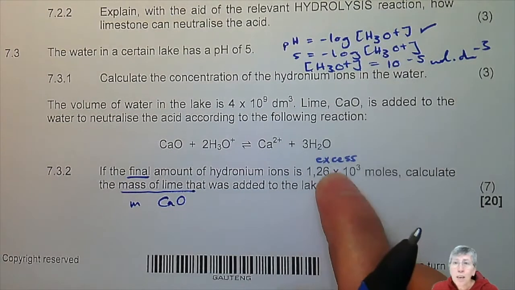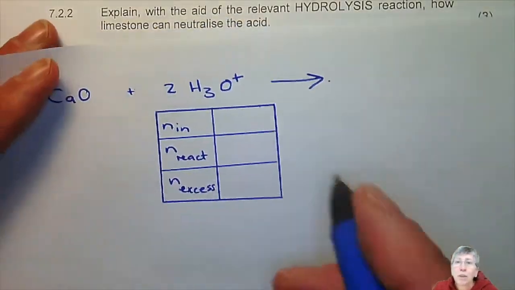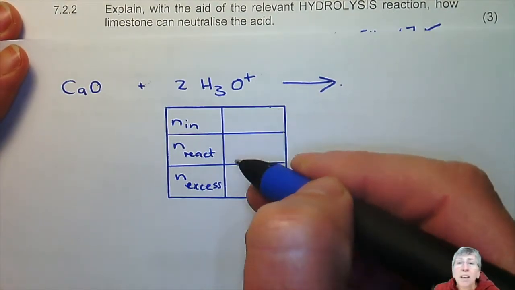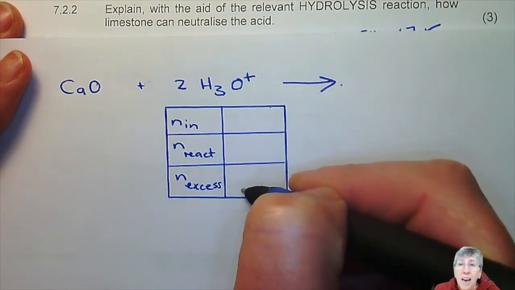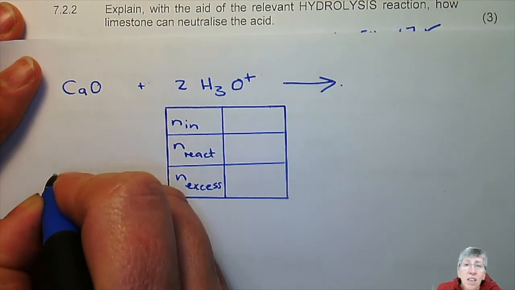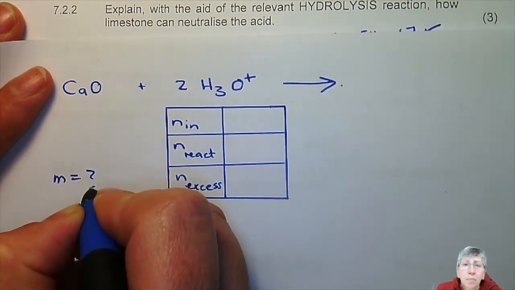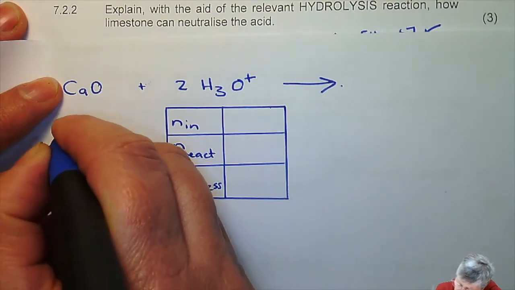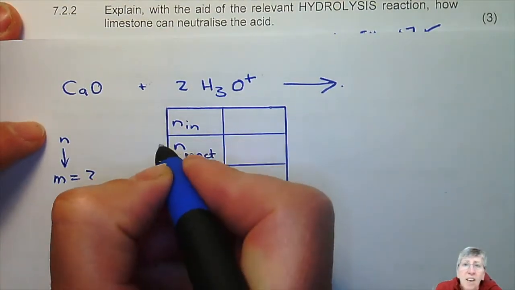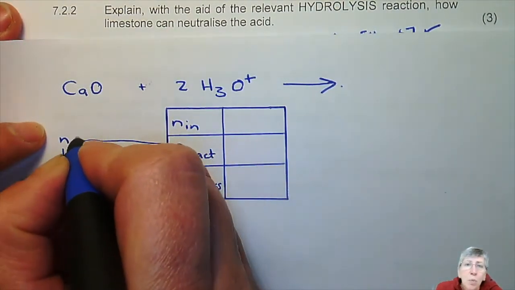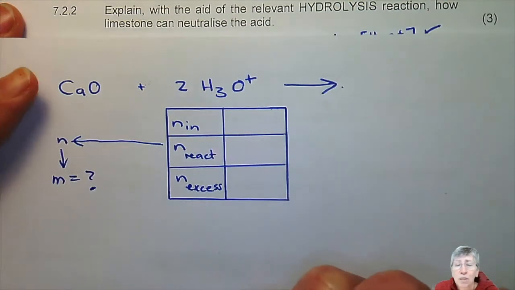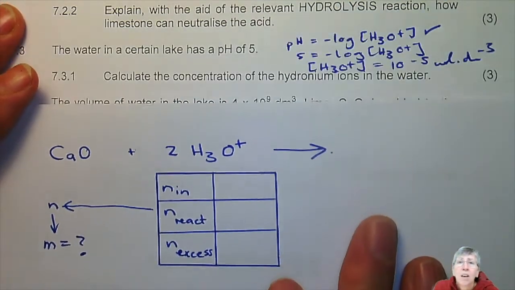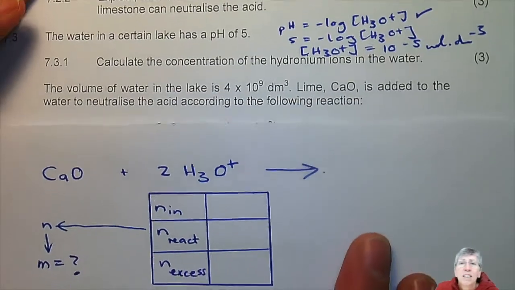So since I'm working with an excess, I will prefer to keep book of what did I put in, what reacted, and what was in excess. And they are now asking me, what is this mass? Right, I will get that by working out the moles first, and the moles that react of this one will tell me how many moles of this one react.